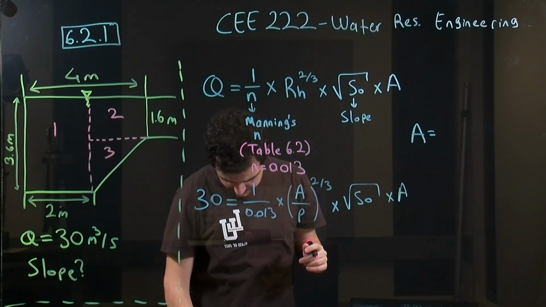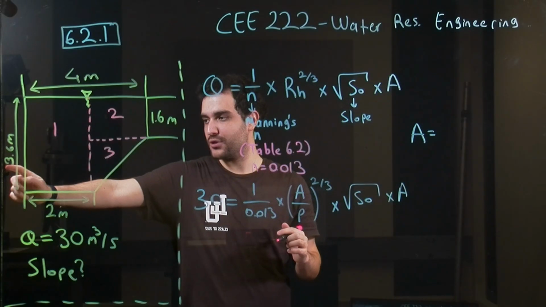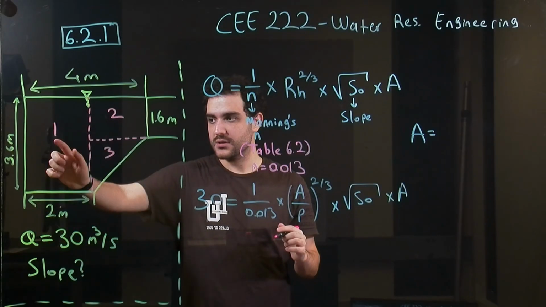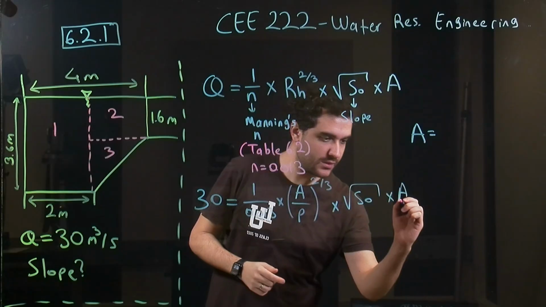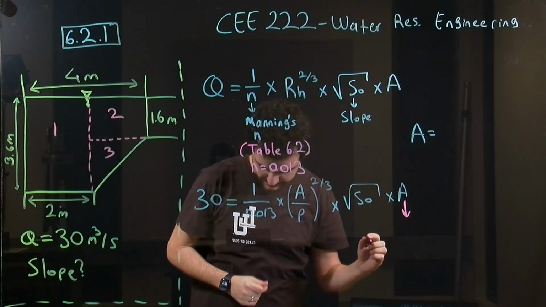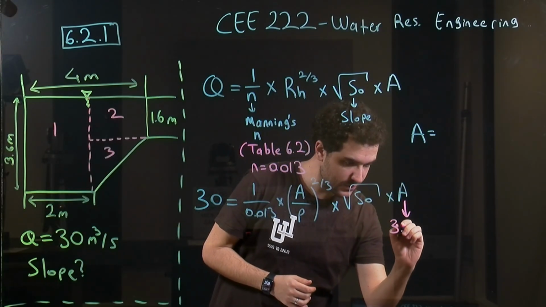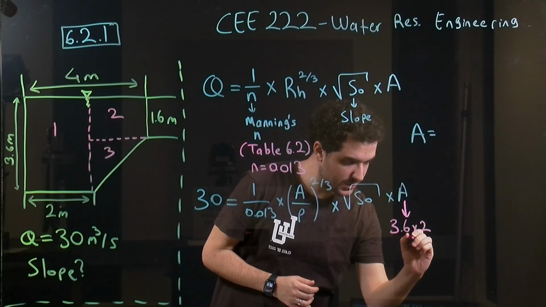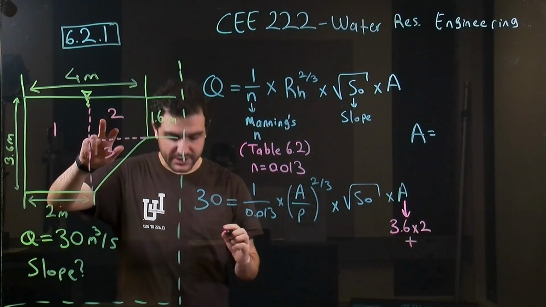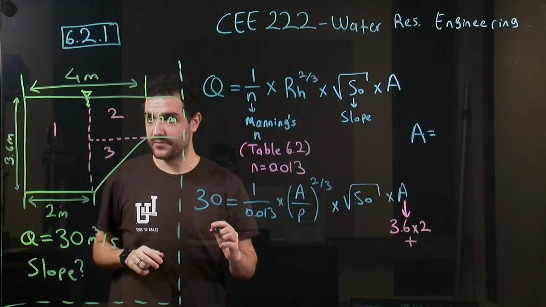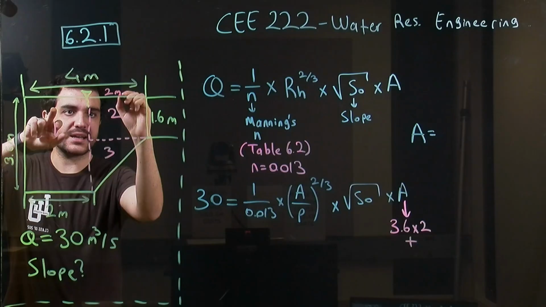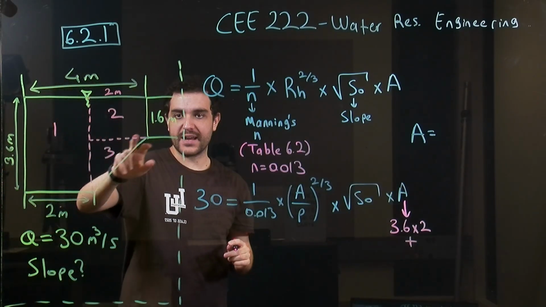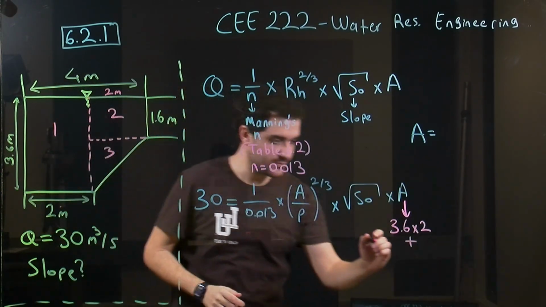So we have 3.6 times 2 for the area 1. Plus for area 2 we have 1.6, and the length will be 2 meters, and we have 1.6 times 2.